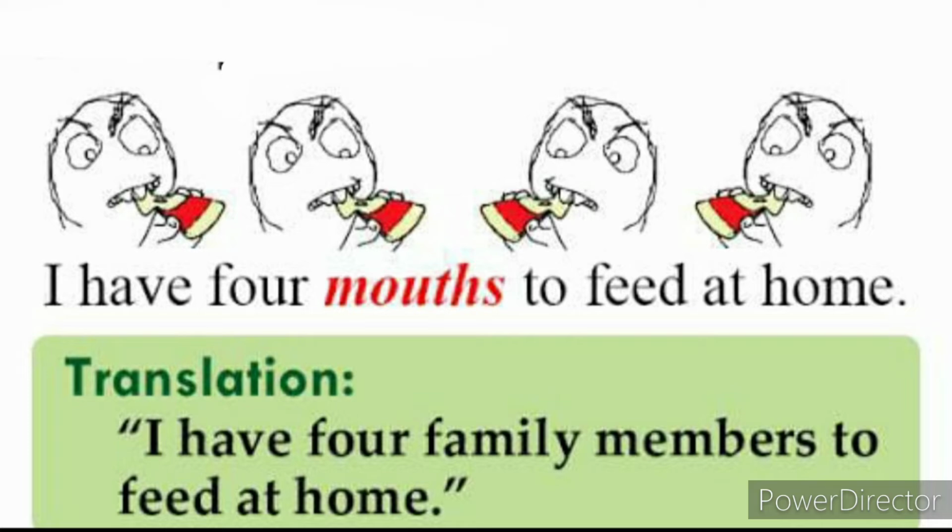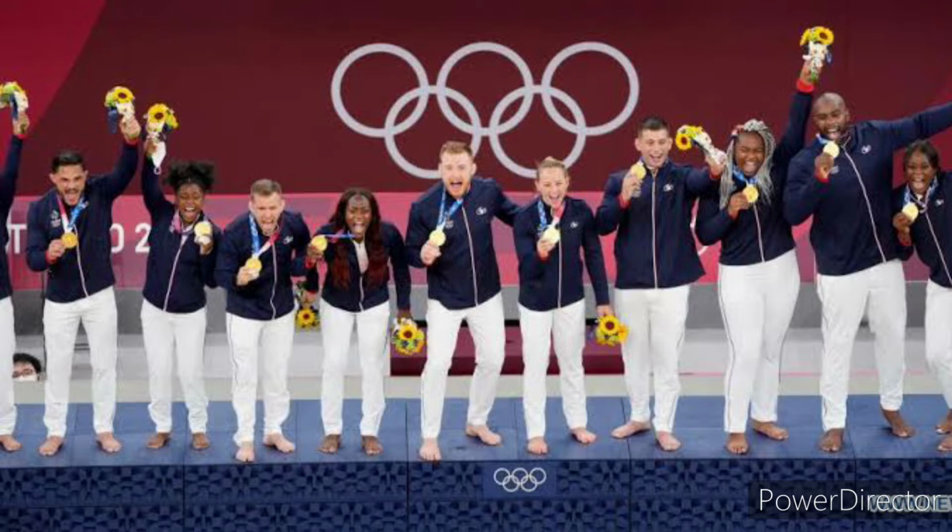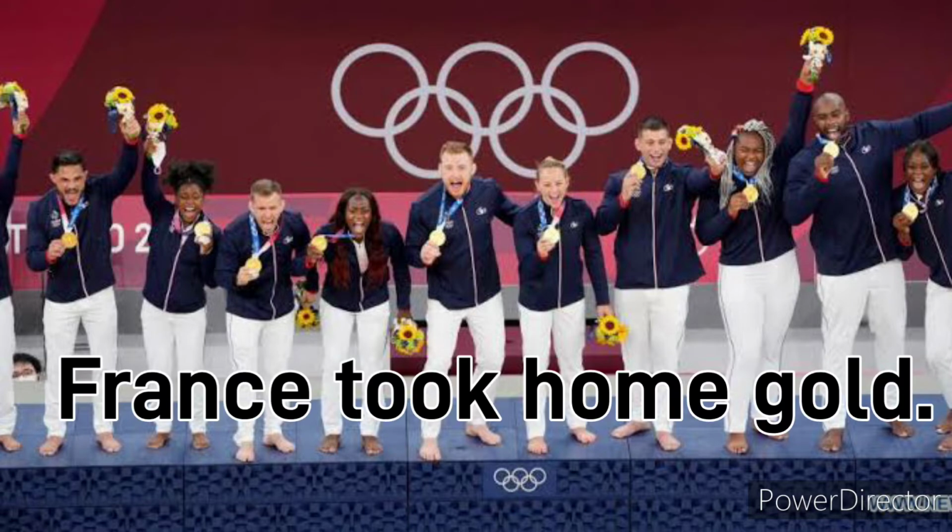So, here the mouths, that is a part, is used to represent the people, that is the whole thing. In the sentence, France took home gold, is a whole to part synecdoche in which the larger category of France is used to stand in only for French sportspersons.